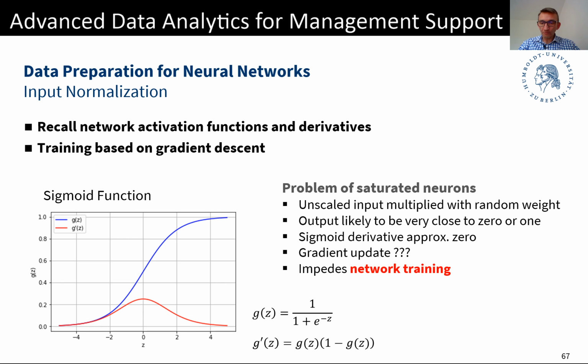We can also look at the derivative then. If in the forward path we always have as output of a hidden unit a value of 1 because of an unscaled feature, then the derivative of the sigmoid approaches 0.